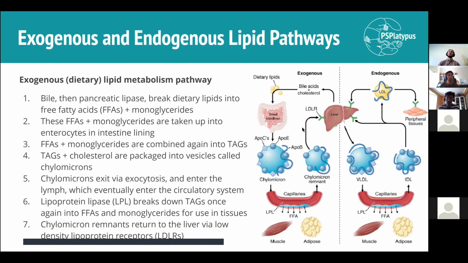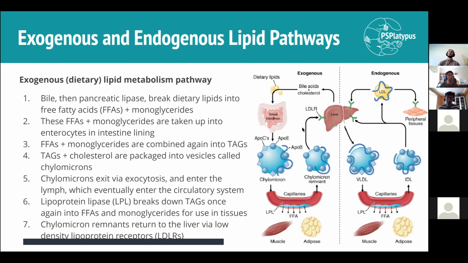And then those intermediate density lipoproteins can sort of accumulate a bit more cholesterol, and then they can either turn into low-density lipoproteins, which is delivered to peripheral tissues, or it can return through low-density lipoprotein or intermediate-density lipoprotein receptors back to the liver again for reuse, for replenishment.